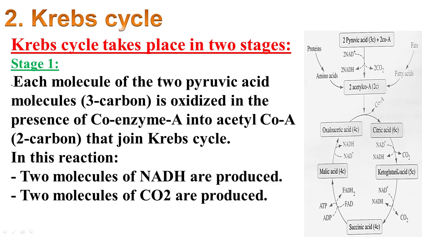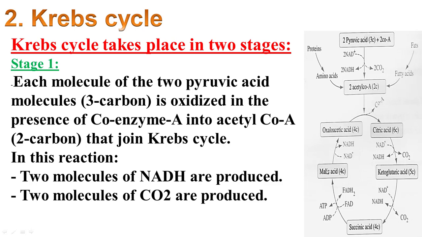Also there is oxidation of citric acid because of releasing hydrogen, so 1 hydrogen carrier changes from NAD to NADH. Second step, ketoglutaric acid, 5 carbon, changes to 4 carbon succinic acid, so we lose 1 carbon as carbon dioxide. Also hydrogen is carried by the carrier NAD to NADH.